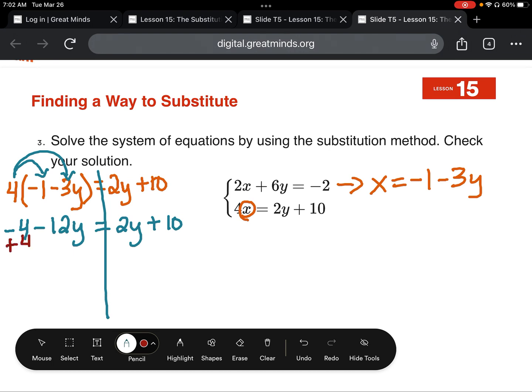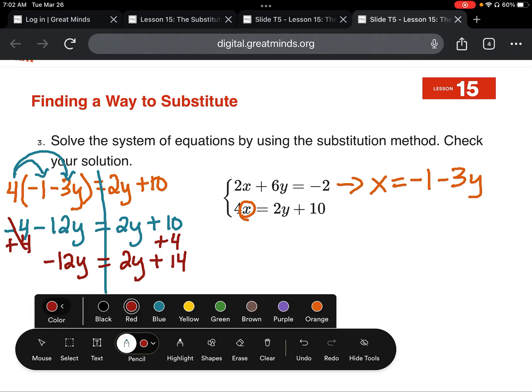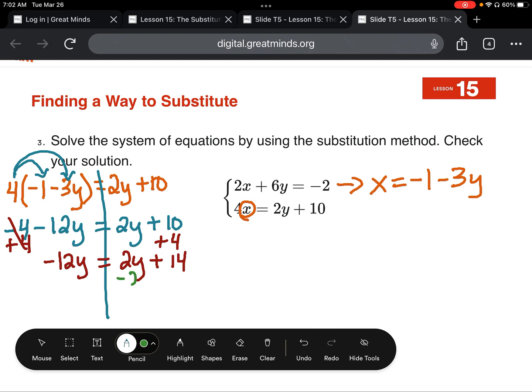So I'm going to add 4, -12y equals 2y plus 14. Oh, I should have moved that 2y over first. Yeah, well, I guess I could do it now. Okay. Kind of did the steps out of order, but it didn't really matter.